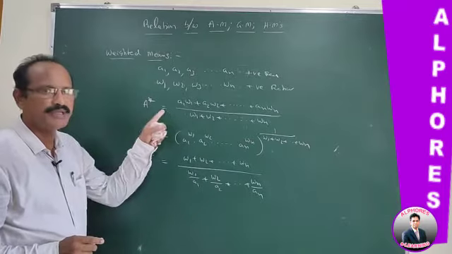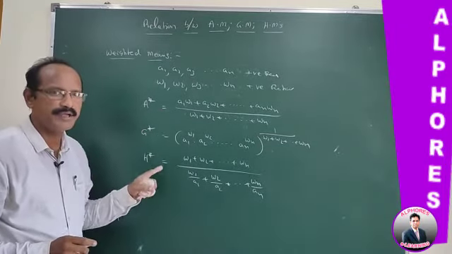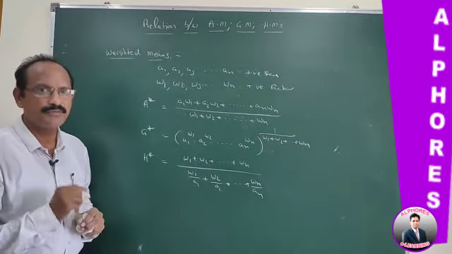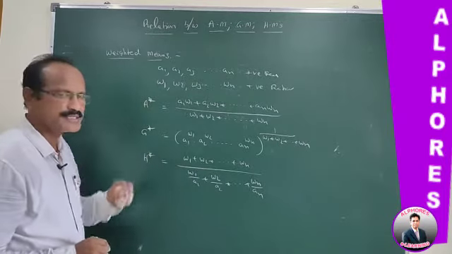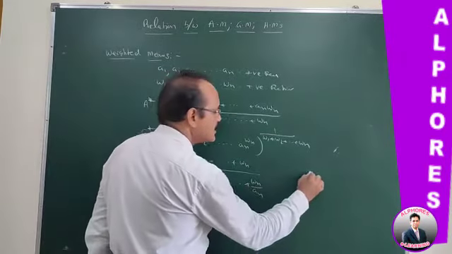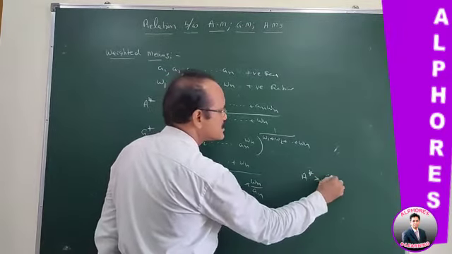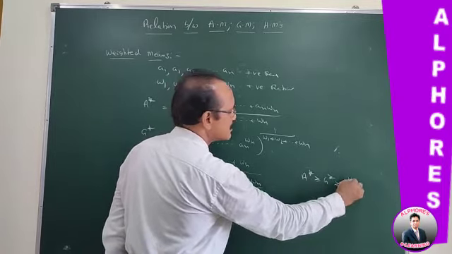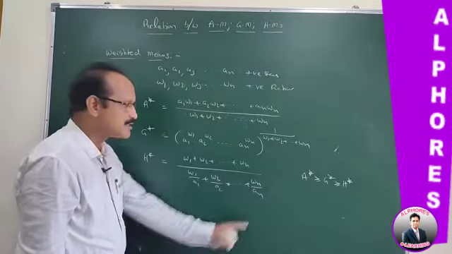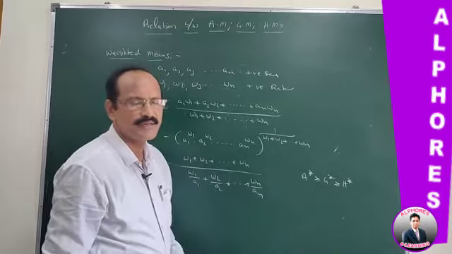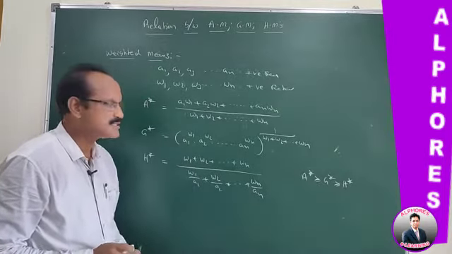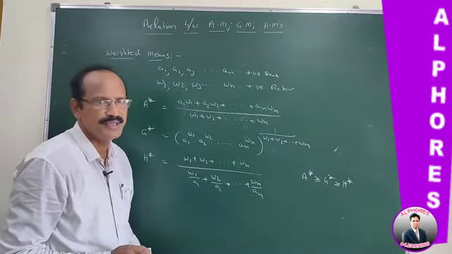Weighted arithmetic mean, weighted geometric mean, weighted harmonic mean. Of course, the relation among these three is again A star is greater than or equal to G star is greater than or equal to H star. That is, weighted arithmetic mean is greater than or equal to weighted geometric mean is greater than or equal to weighted harmonic mean.